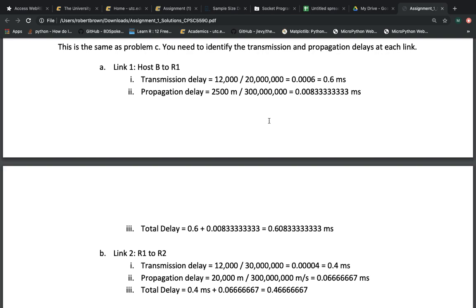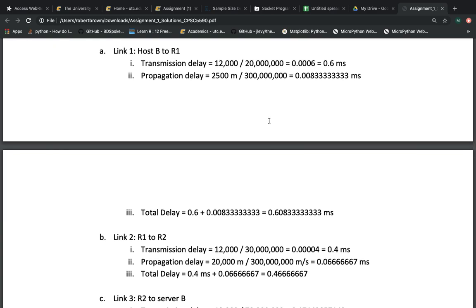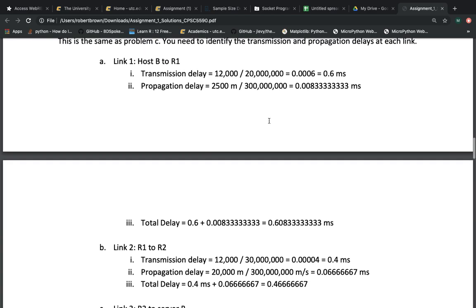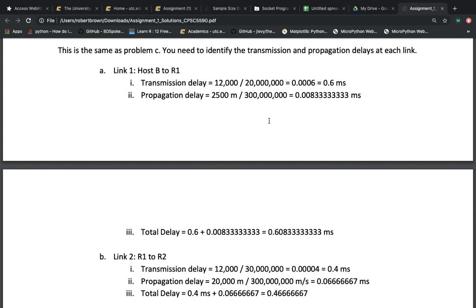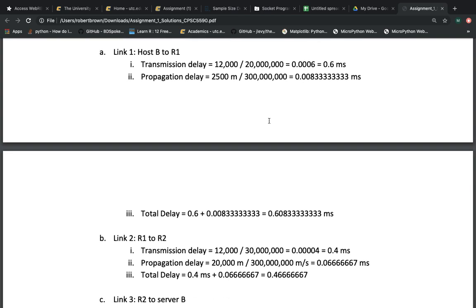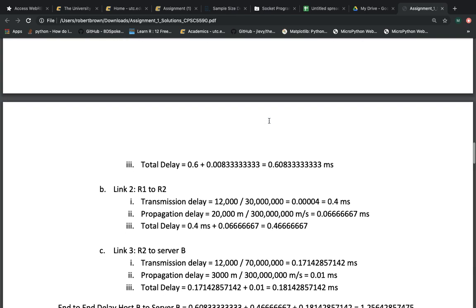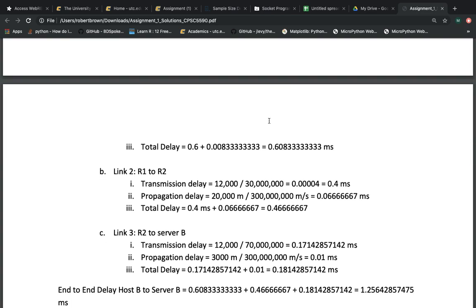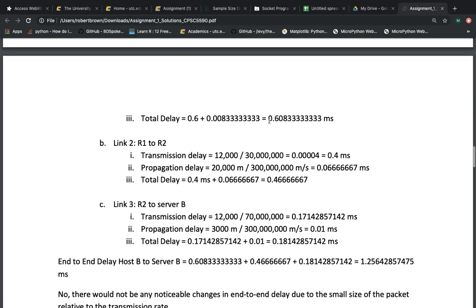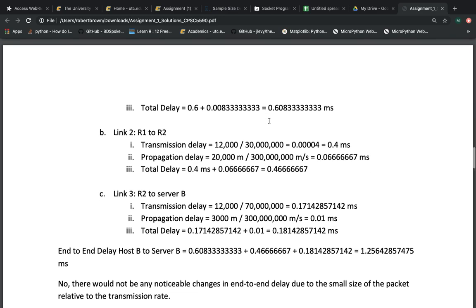Propagation delay is 2,500 meters divided by 300 million, which is the speed at which it's transferring. It's going to give us 0.008 milliseconds. It's rounding up for the video. Total delay is 0.6 milliseconds plus 0.008, which will give us 0.608 milliseconds.